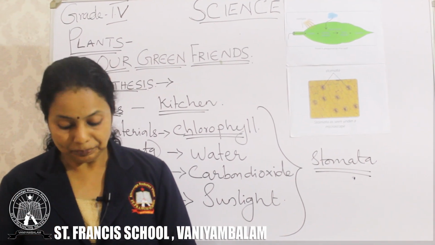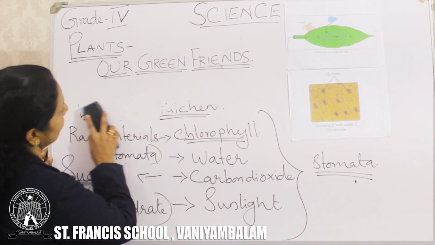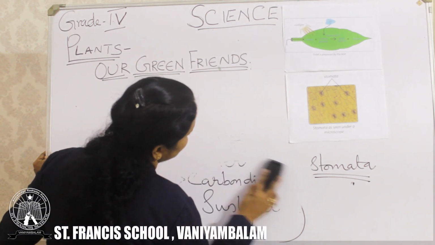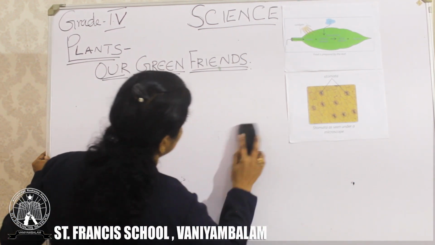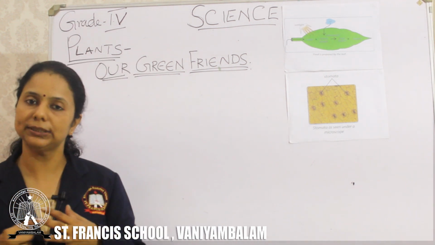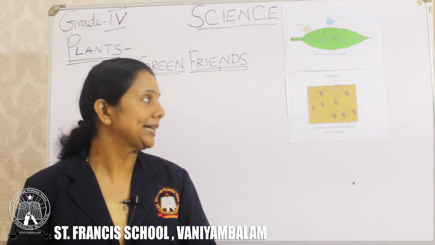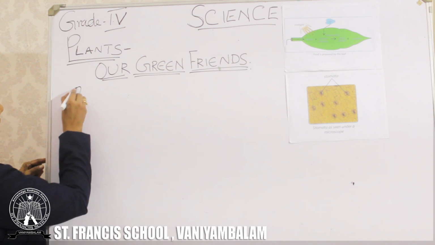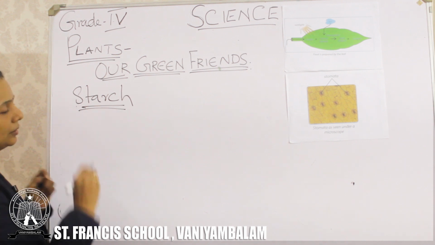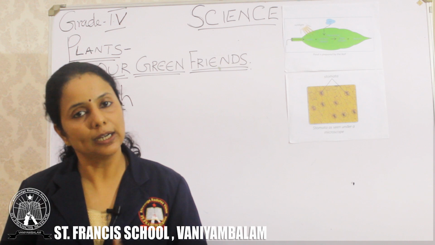Now, as I told you, plants make their food, right? So during photosynthesis, plants produce food, leaves produce food for the plant, right? Okay, so that is why leaves are called the kitchen of the plant. Leaves produce food. Now, the food produced is converted into starch. What is that? Starch. The food produced is a type of sugar which is called carbohydrate.